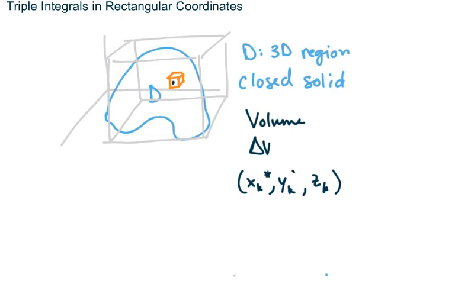I know I've used previous notation with the star. The star just says we don't have to choose it being like the bottom front left corner. It can be anywhere on that box as long as we are finding a point inside each of these boxes, right? And again, that same definition when we're dealing with integrals of making all those boxes smaller. The more boxes, the better the approximation. And so eventually we have infinite boxes, which gives us this exact value.